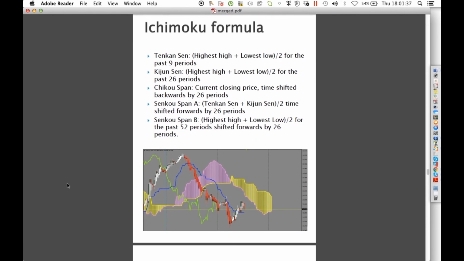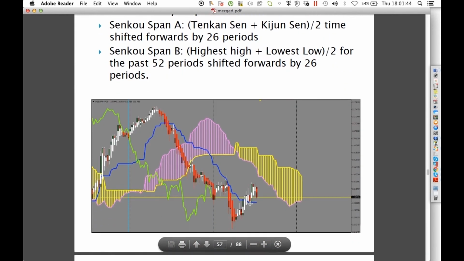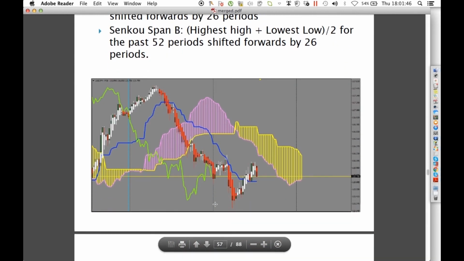But just looking at the whole indicator on its own, here's how it looks with the Kumo, the cloud, the Chikou Span, which follows the market by 26 candles, and the Kijun-sen, which is the first indication of a reversal.